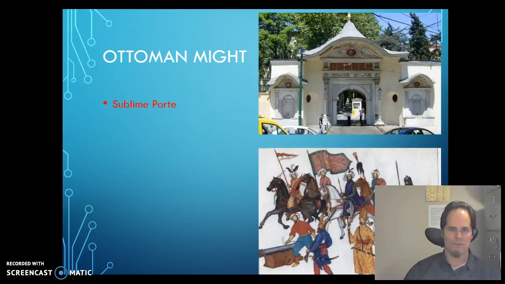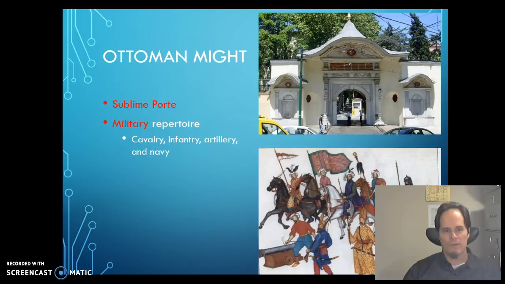So when you refer to the Sublime Porte in, say, 1650, you would have been referring to the Diwan, the Grand Vizier, the Sultan, all of the court officials, and essentially the machinery of the Ottoman state would have been accompanied in that phrase. And it became a very important factor in global discussion and determining the global order.